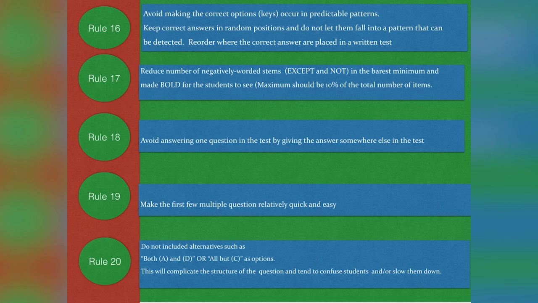Okay. Rule number 19, and second to the last: make the first few multiple choice questions relatively quick and easy. Of course, the facilitators know about that, and I know they will comply with it. The final rule, it's not in any particular order, but just have all of this in mind, is that they should not include alternatives such as "A and D" or "all but C" as options.